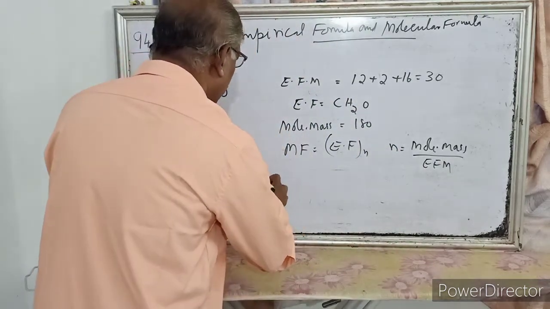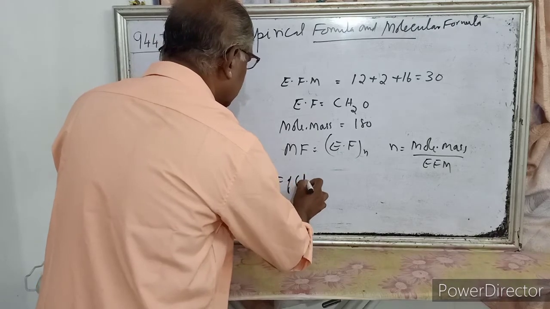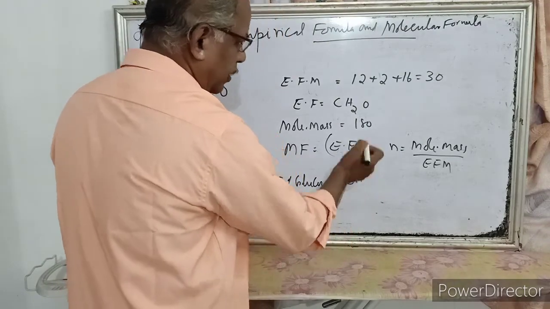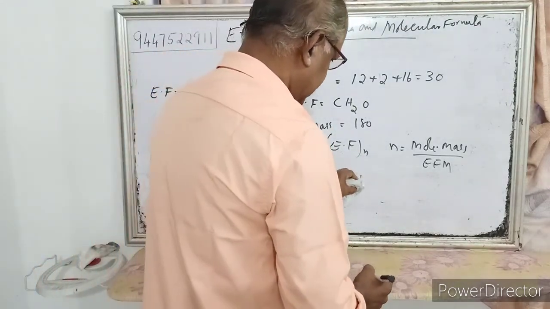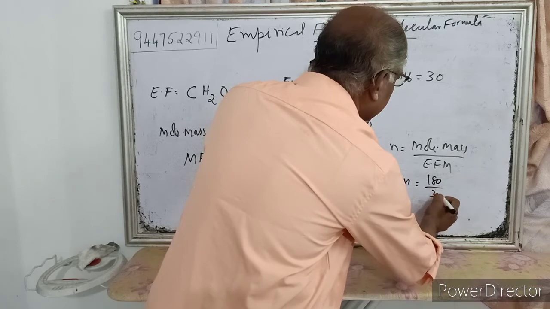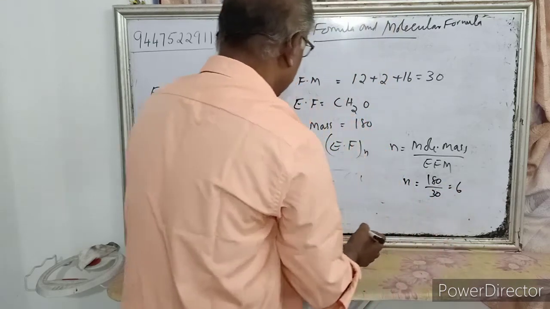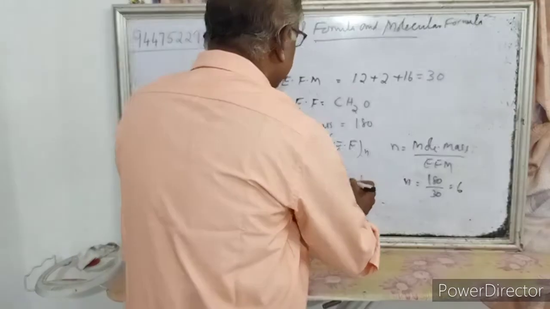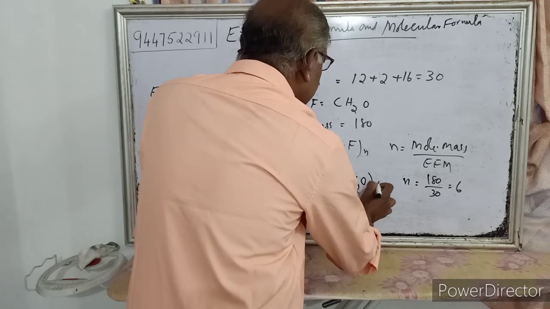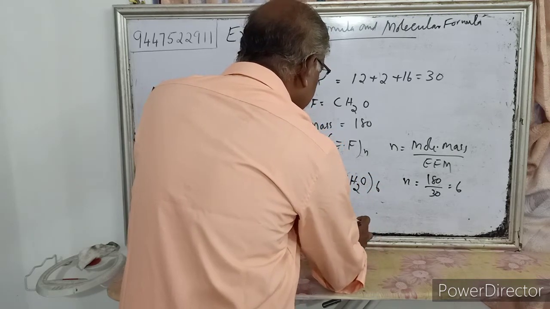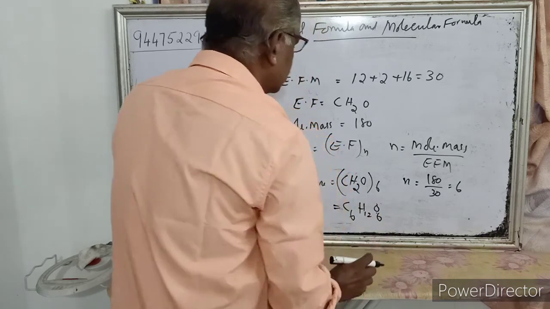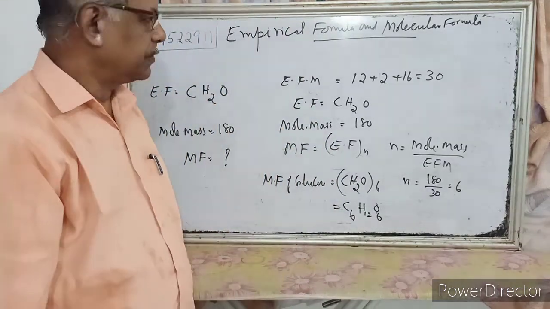So you have to calculate n. Here n is equal to 180 by 30, which is 6. So the molecular formula of glucose is the empirical formula CH2O 6 times, or C6H12O6. That is the molecular formula for glucose.